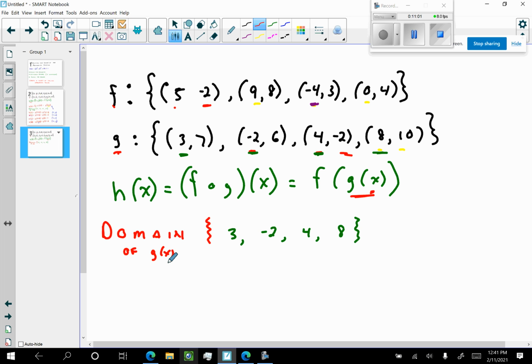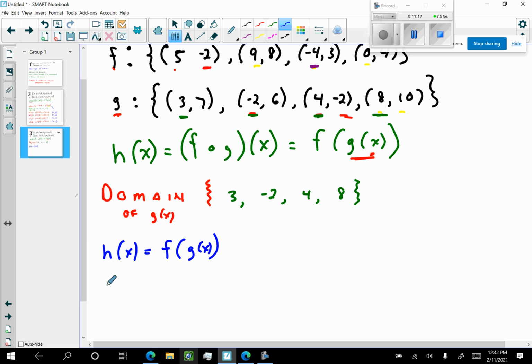Well, if I want to look at this function, and I do, h of x that's equal to f of g of x, these x's are the only inputs that I have. So I'm going to try to find now h of 3. And h of 3 is going to be f of g of 3.